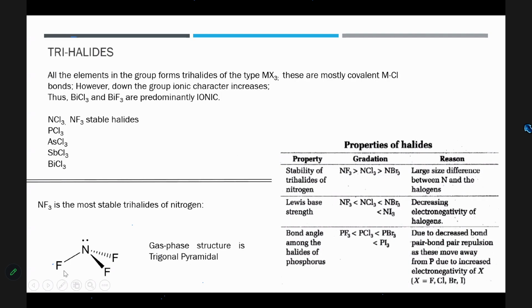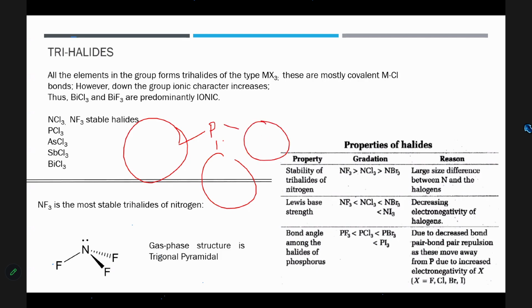Automatically the bond angle should be more than a typical angle in any pyramidal geometry.